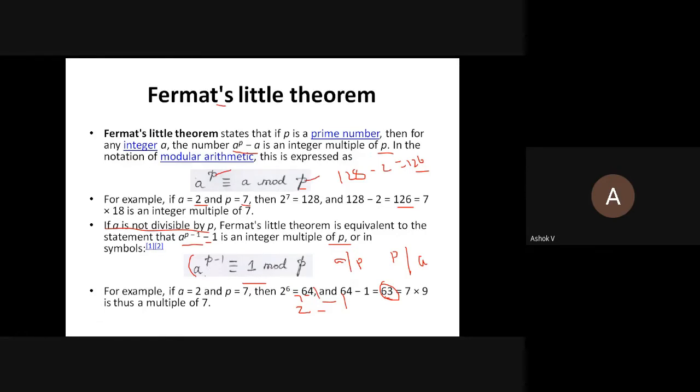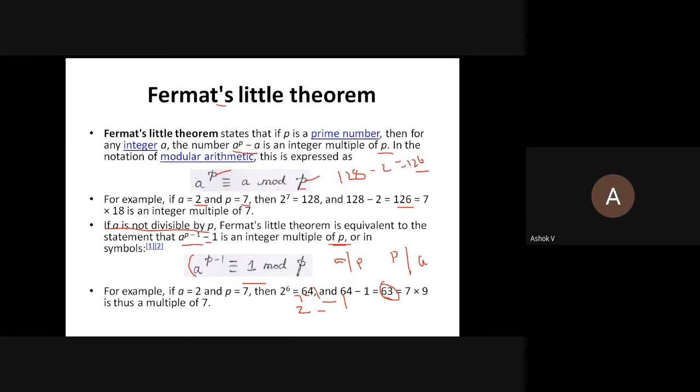In the other version, if a is not divisible by p, then a to the power p minus 1 minus 1 is an integer multiple of p. These are the two versions of Fermat's theorem.